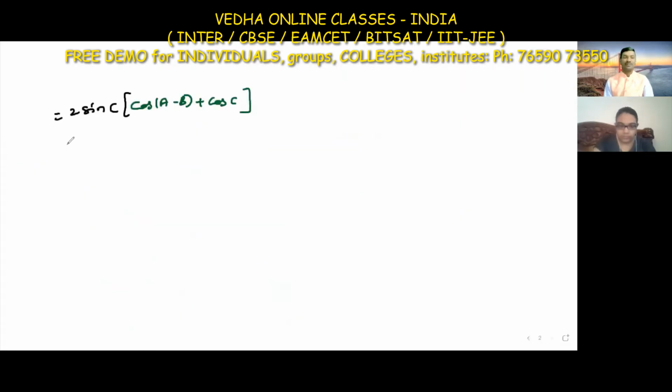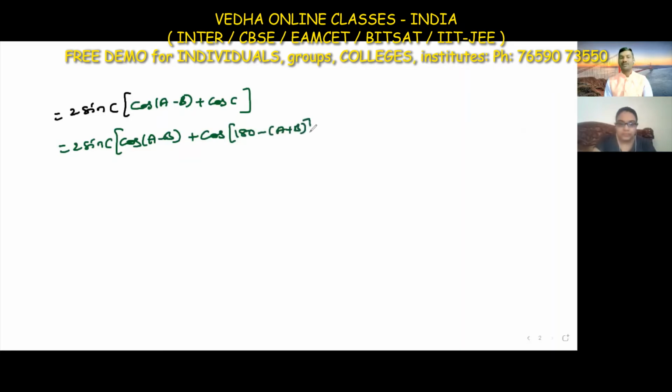So now this is equal to 2 sin C as it is, and cos of (A minus B) as it is, plus cos C. Cos C I am replacing with cos of (180 minus of (A plus B)).